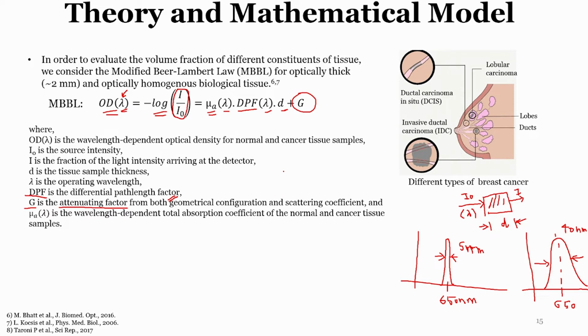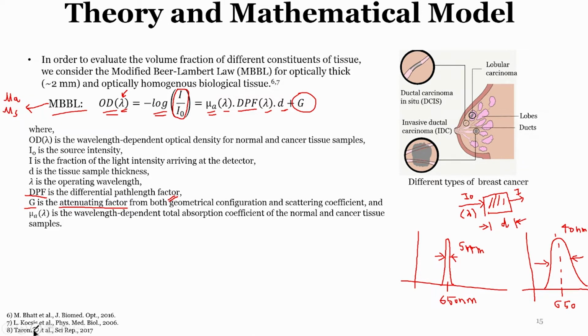That is the kind of assumption that we make in this modified Beer-Lambert law. So we are going to use this law, and finally we are going to quantify the optical properties of the tissue, mu A, mu S. We also have other properties of the tissue.